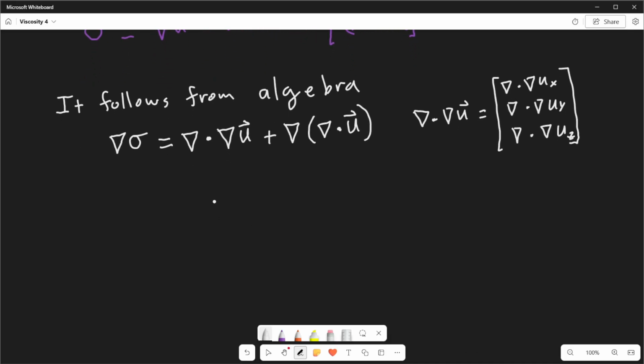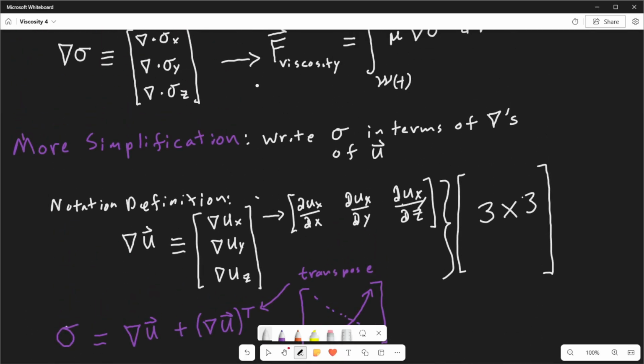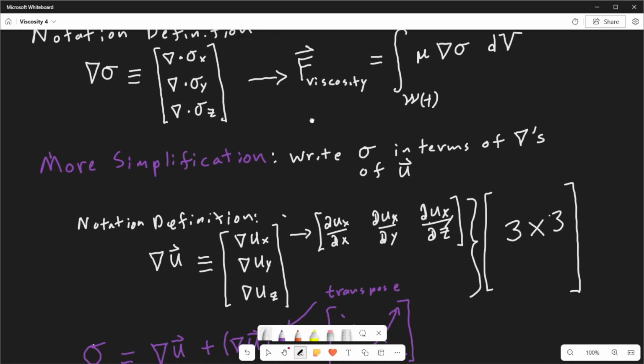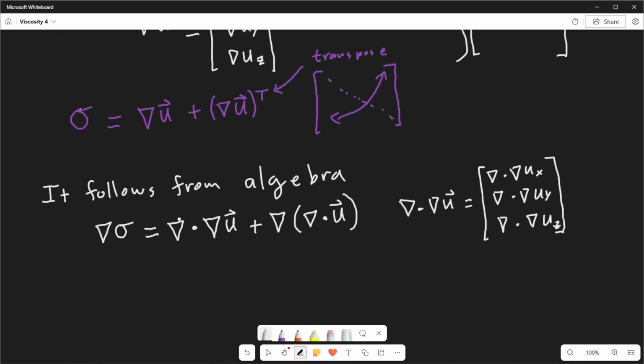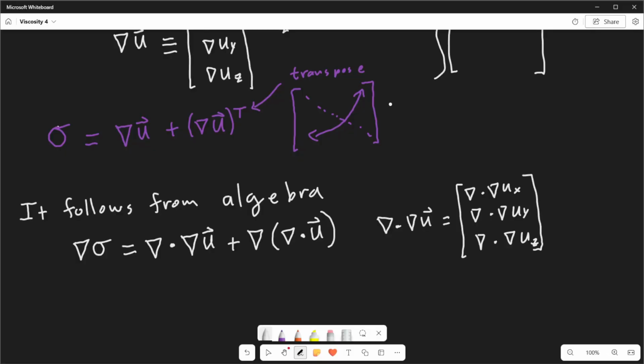So now taking this entire thing and putting this back into viscosity. So viscosity way up here was found to be this integral over the volume with the mu times this delta sigma of the stress tensor over the volume. That was the first viscosity. So basically putting this thing into that equation is the next step.